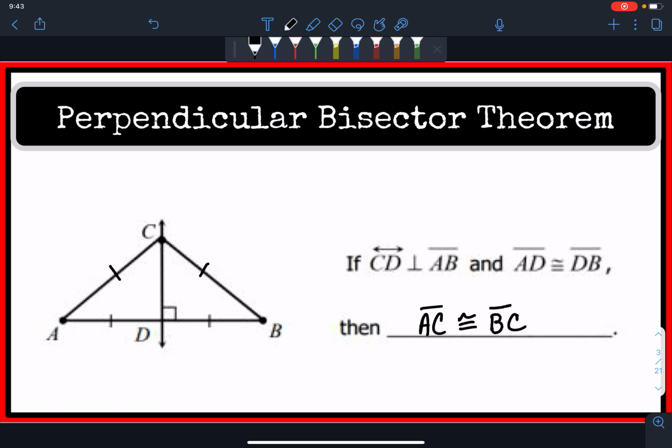Just like right here, if we have a perpendicular bisector that intersects this vertex up there and this base at a 90-degree angle and cuts the base into two equal parts, then these two sides are also going to be equal to each other.